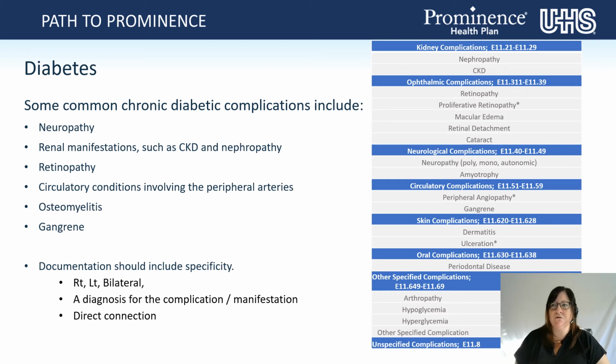If there's a neurological complication, is it neuropathy? Circulatory complications, peripheral vascular disease, skin complications, diabetic ulcers, and other complications such as hypoglycemia or hyperglycemia? Be sure to specify what the chronic diabetic complication is and include specificity in your documentation such as right, left, or bilateral, a diagnosis for the complication or the manifestation, and a direct connection if needed.